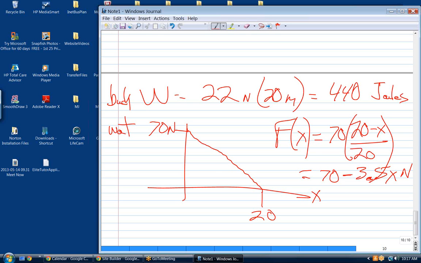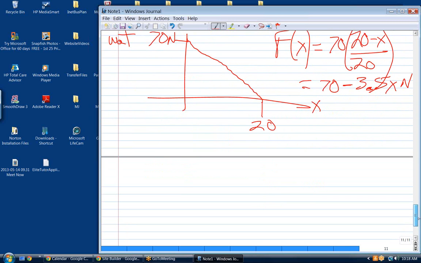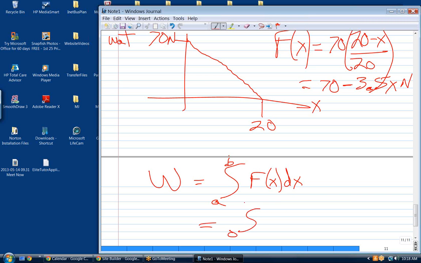And the work done lifting the water is the force. This is basically an integral as net change problem. So the work done by a force f of x, integrated dx from a to b, or in this case from 0 to 20, is going to be the integral from 0 to 20 of the force function, because we know work is force times distance.